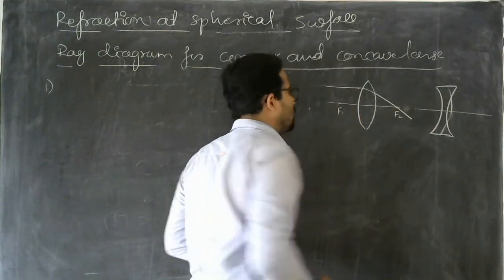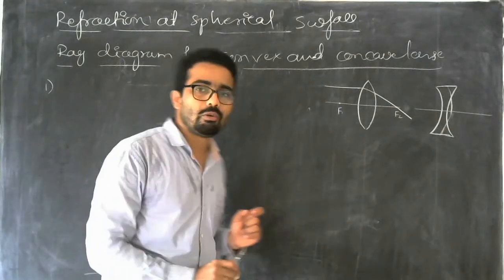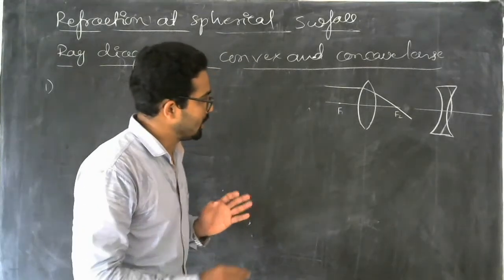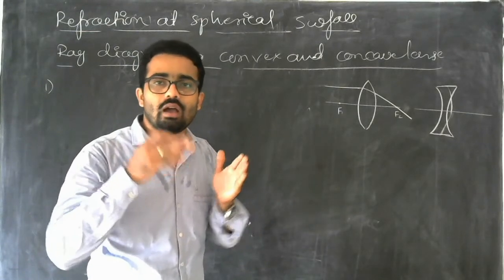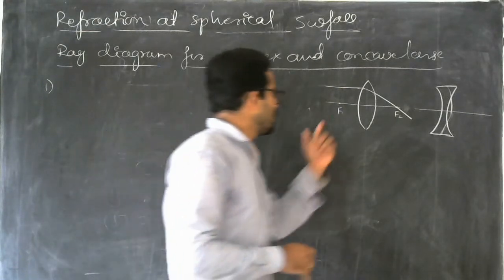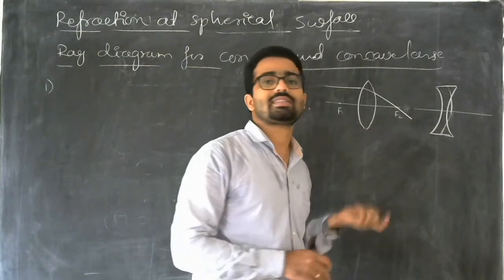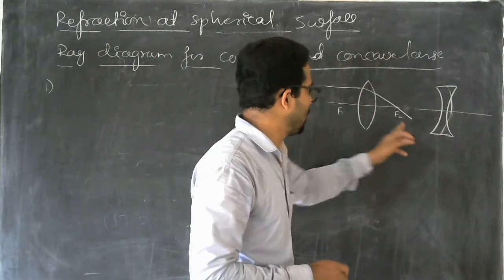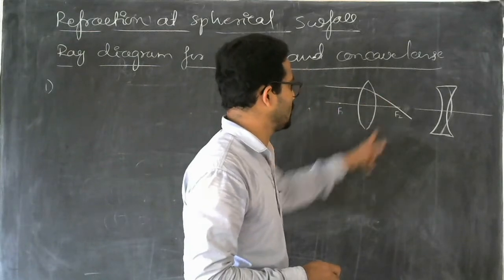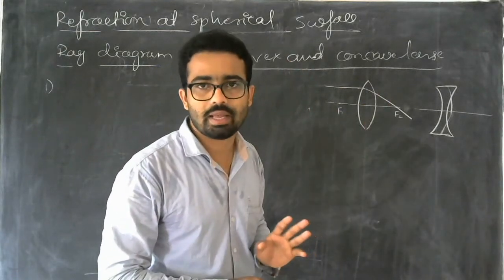I think I have told you about this while discussing some of the terms which we use. Two focuses, two focal points are there. This is for this surface and this F1 is for this surface. So F1 and F2 are there.